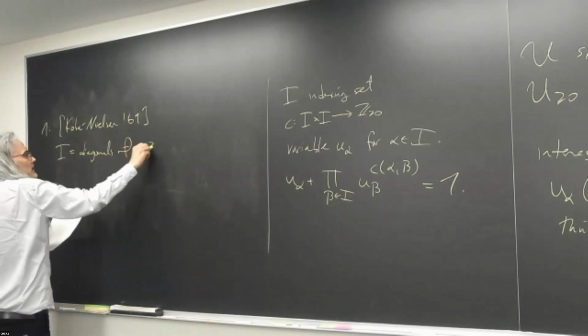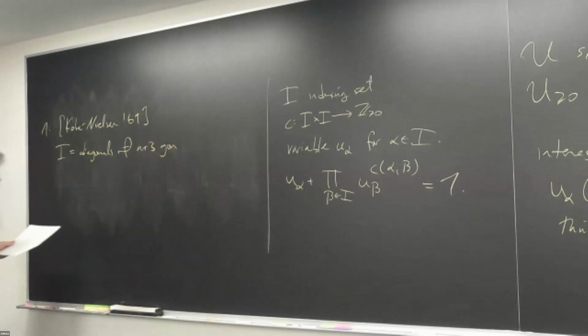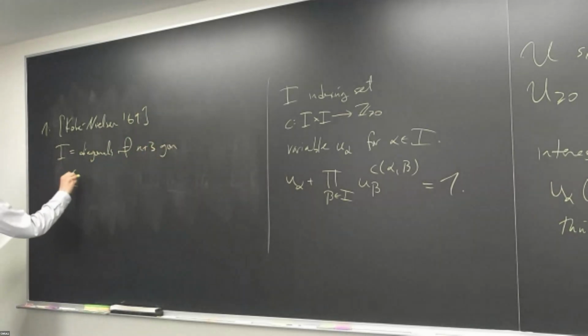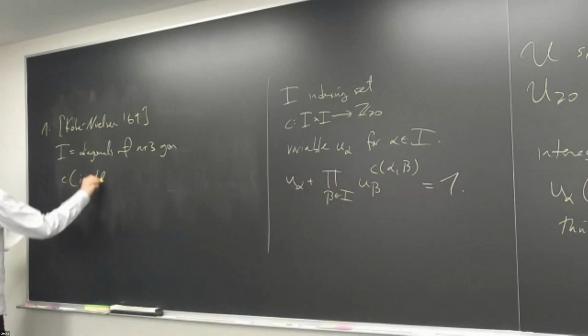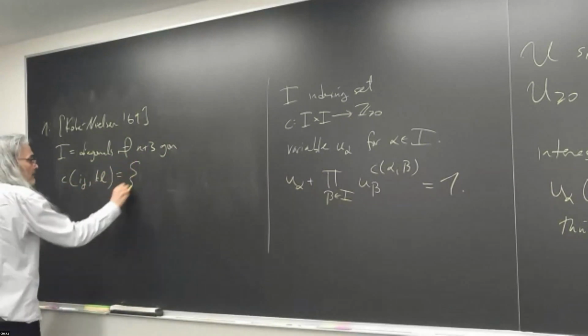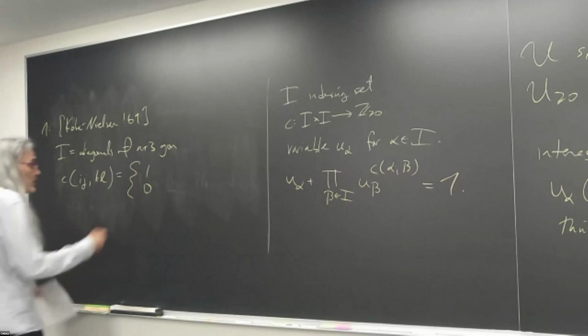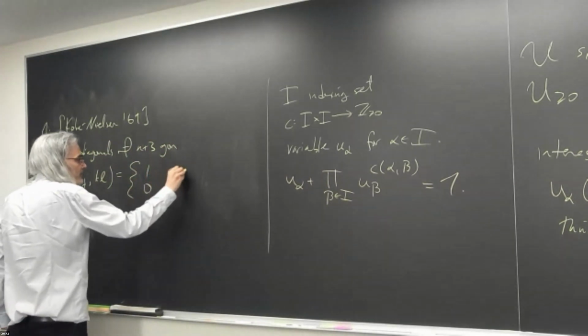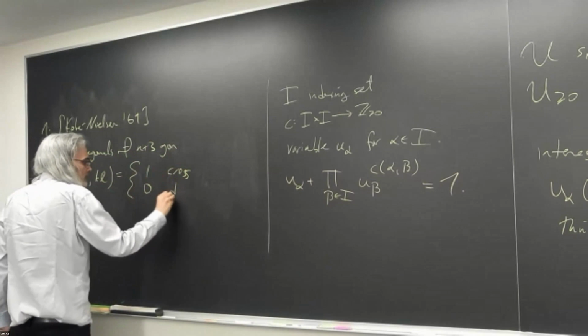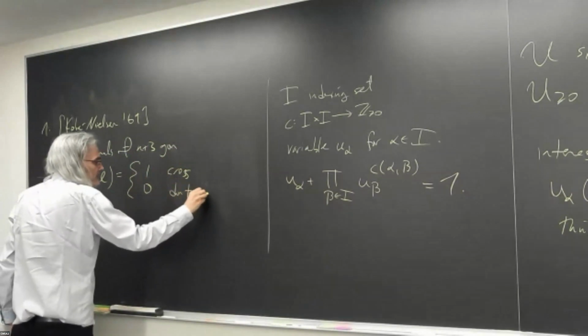We can think of this indexing set as the diagonals of an n plus 3 gon. And compatibility is just, if I have a diagonal ij and a diagonal kl, I'm going to declare the compatibility degree to be either 1 or 0: 1 if they cross, 0 if they don't cross.